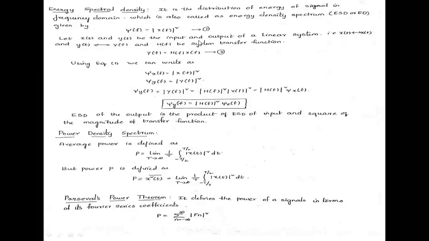Let x of t and y of t be the input and output of the linear system, and let Y of f be the Fourier transform of y of t, and H of f be the system transfer function. H of f is the output by the input in the frequency domain, because spectral density is always for signals in the frequency domain only. We can write the equation: psi x of f is equal to the squared magnitude of X of f, and psi y of f is the squared magnitude of Y of f, because the suffix x is for x and y is for y.